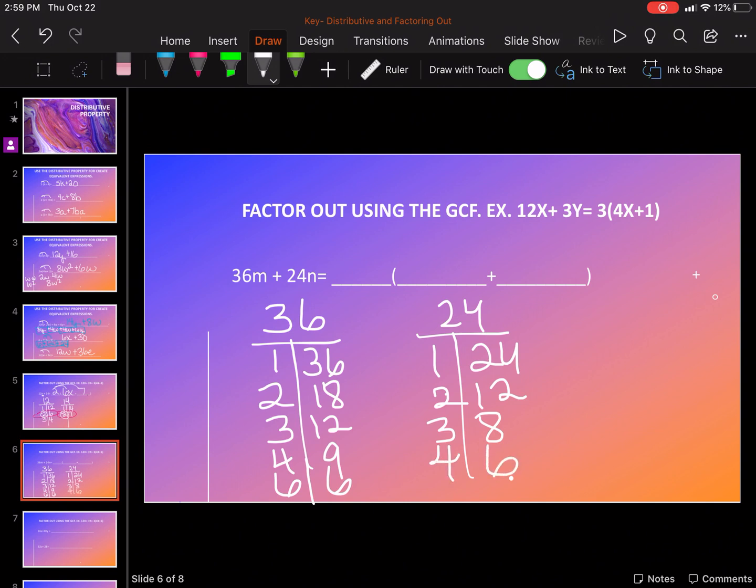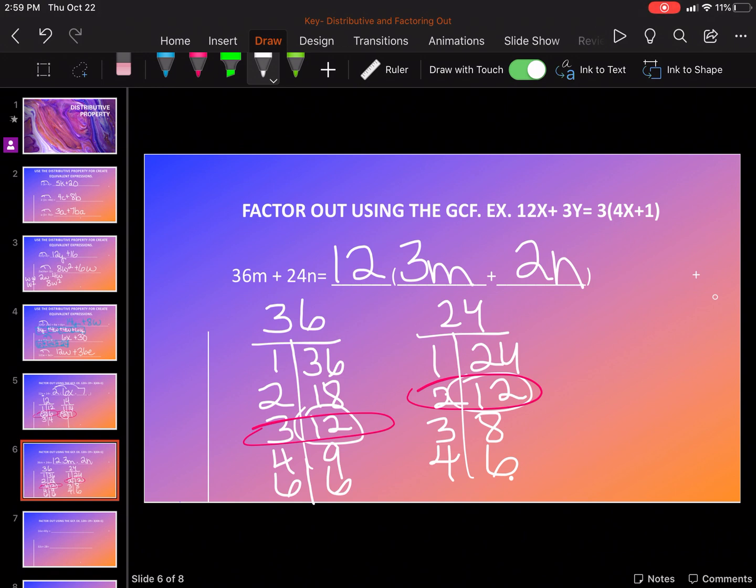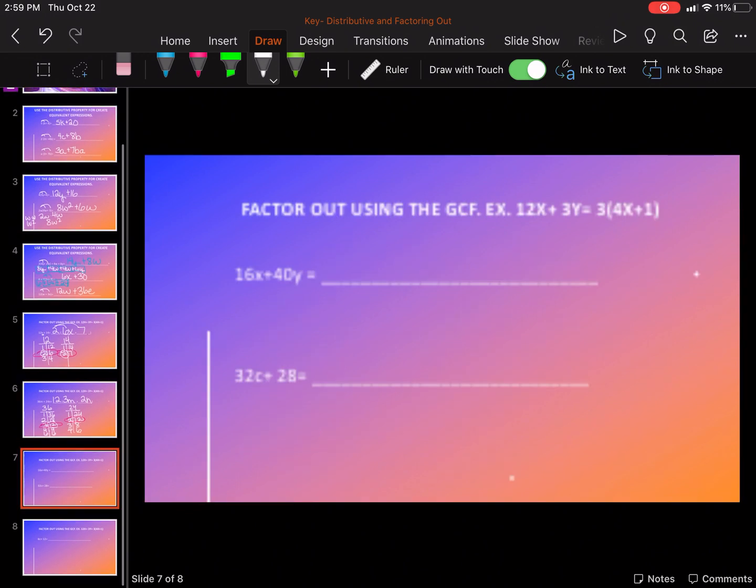So our greatest common factor, notice, is 12. Yes, 6 is there. Yes, 4. Yes, 3. Yes, 2. The greatest common factor is 12. So 12 gets pulled out on the outside. Remember your other factors. So then it's going to be 3m on the inside and 2n. Always double check. 12 times 3 is 36m. And then 12 times 2n is 24n.